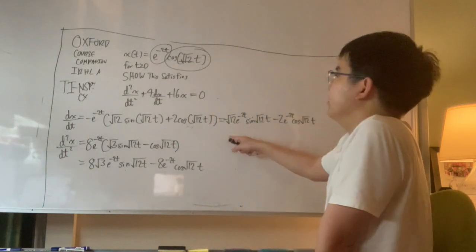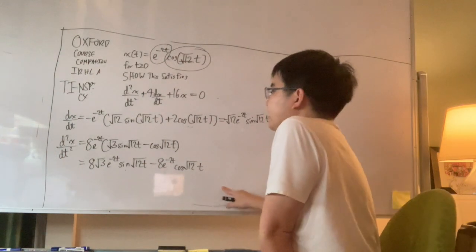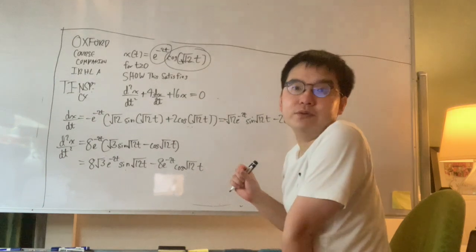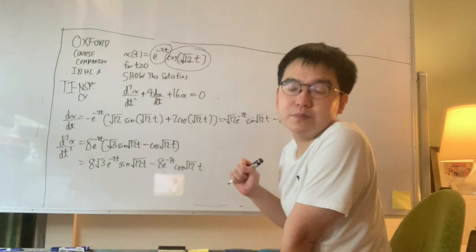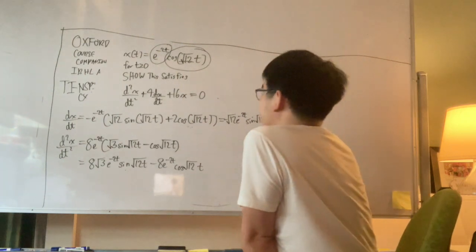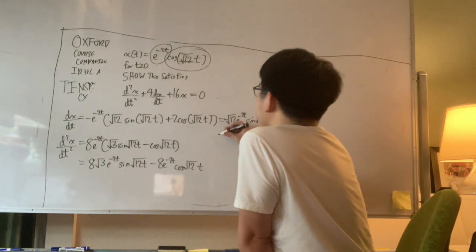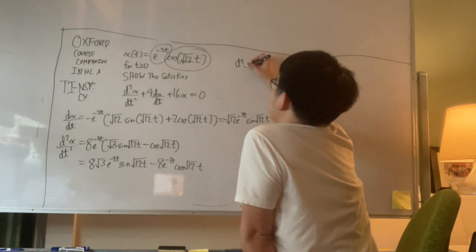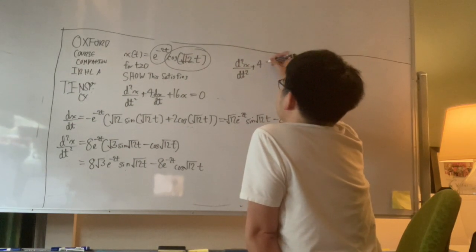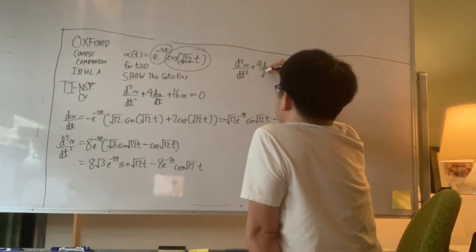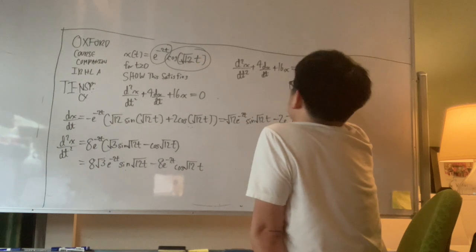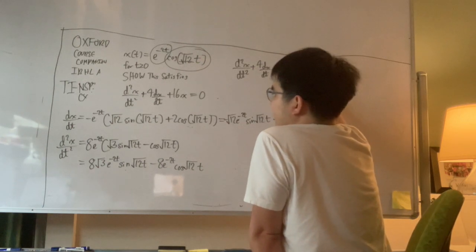Okay, now we bring in and expand these all together. So then d²x/dt² plus 4 dx/dt plus 16x. Here we go again.